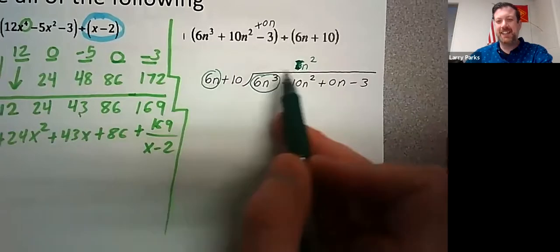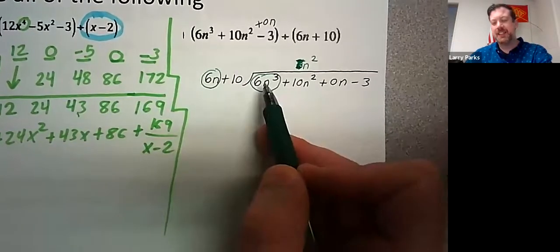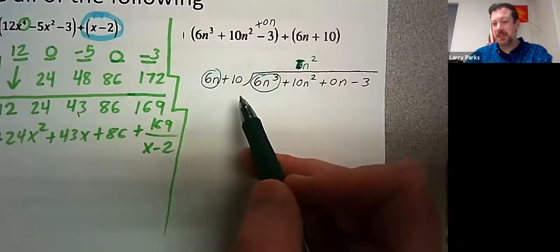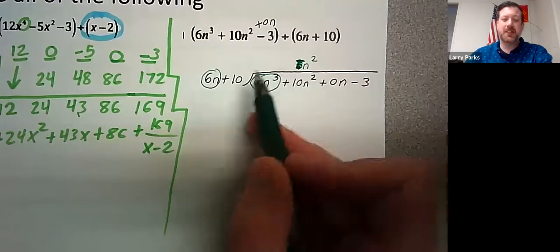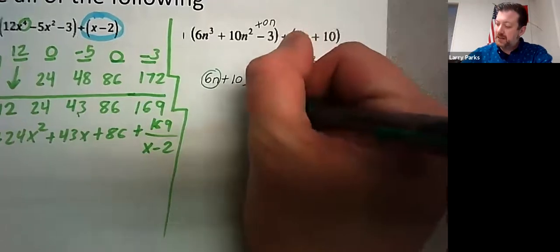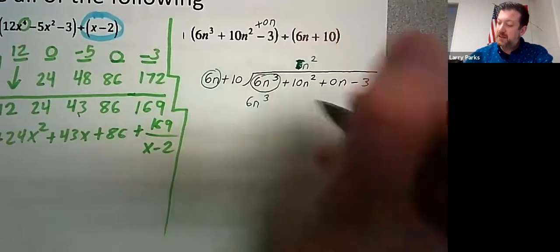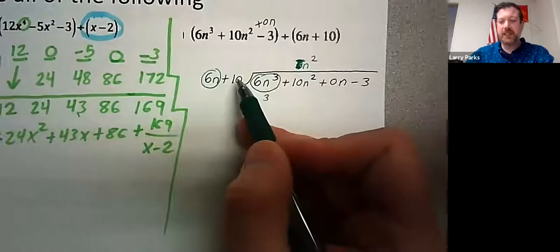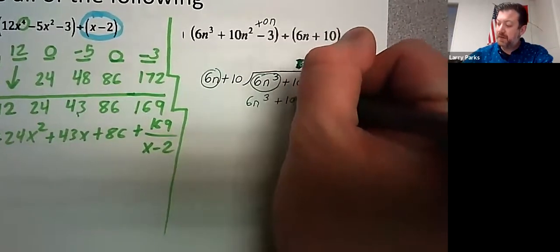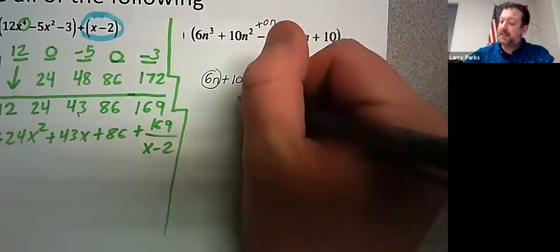That would have been bad. So 6n times n squared is 6n cubed. That also makes this easier. Now we're not multiplying by 6. So n squared times 6n is 6n cubed. N squared times 10 is 10n squared. I take that away.